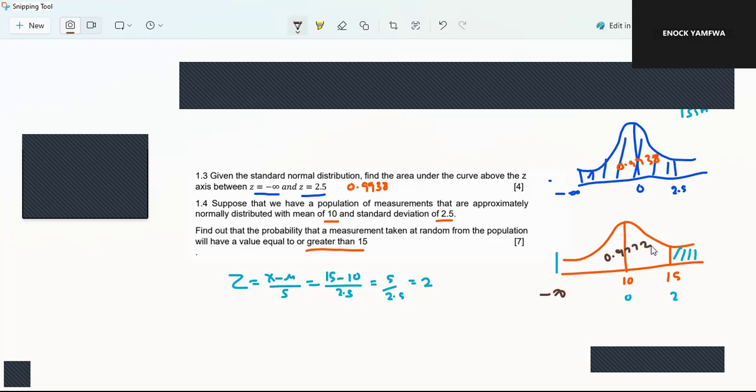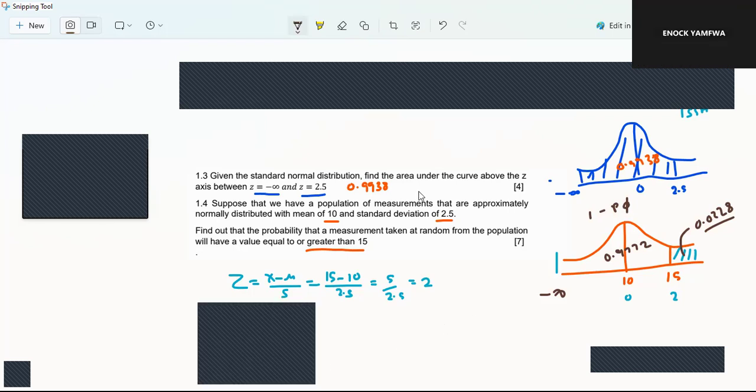Yes, we've been talking about this. So meaning what is the remainder here? 0.0228. How did we get the 0.0228? We subtracted 1 minus the probability. All right?